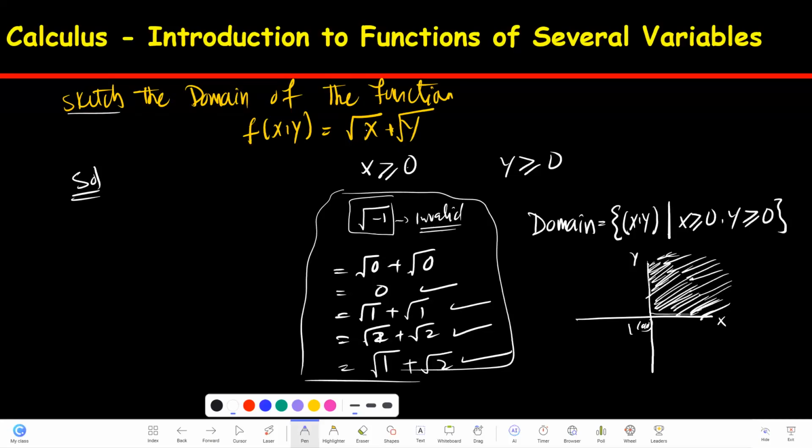So this is my domain. I cannot draw here, I cannot draw here, because I'm not able to determine the domain on this side.